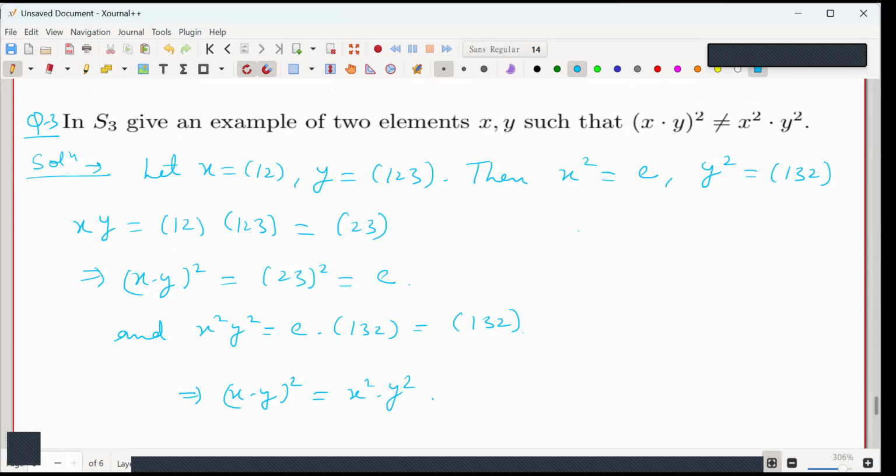From the next session, we can also discuss the assignment problems, because I think assignment 1 has its deadline on 6th August, right? Yes, sir. So by the next session, the deadline would be over, so we would be free to discuss assignment 1. We can start discussing assignment 1 onward from the next session.